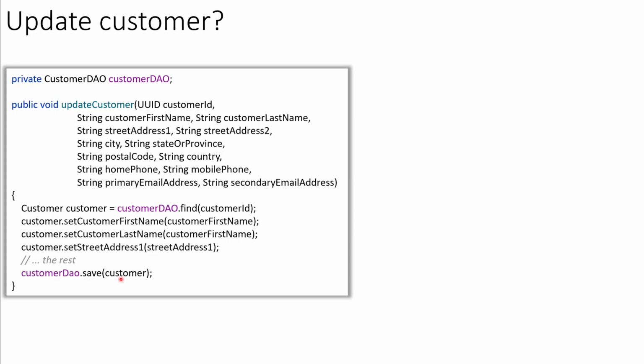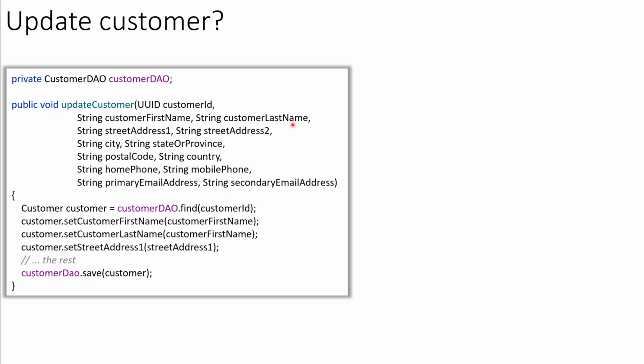So every kind of change that we can do to the customer is only handled by one method. Maybe we only want to change the things that actually have a new value, so I would have to check if customer first name is not null, then I call set customer first name.